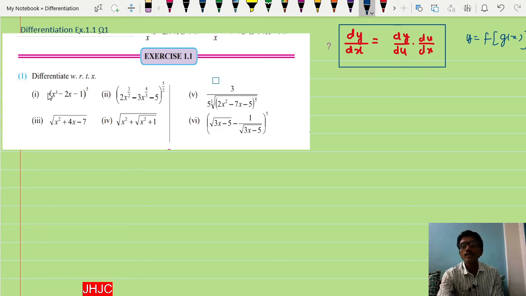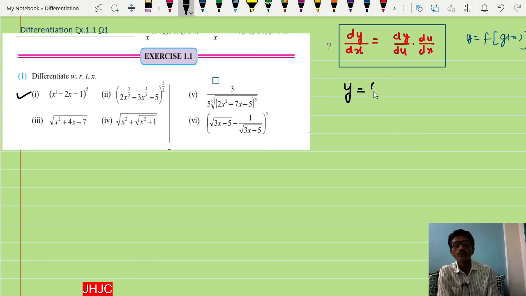Exercise 1.1, the first question: y is equal to x cube minus 2x minus 1 raised to power 5.